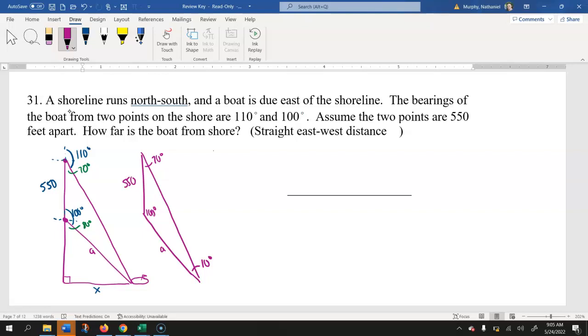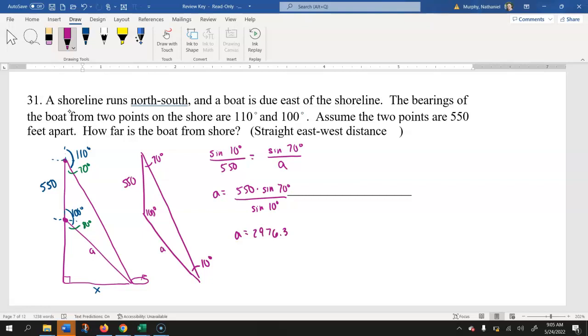The sine of 10 degrees over the side across from it, 550, is proportional to the sine of 70 degrees, the side across from side A. To find A, we cross multiply: 550 times the sine of 70 degrees, divided by the sine of 10 degrees. So side A is 2,976.3 feet.